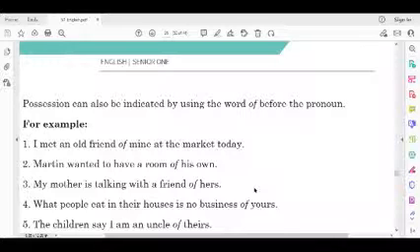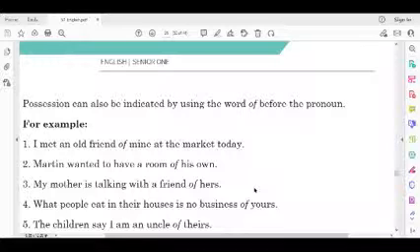If you have sentences like, I met an old friend of mine. Are you seeing mine there? No, you cannot say, I met an old friend mine at the market today. But if you want to show that this friend is yours, you can use the preposition of before your possessive pronoun.